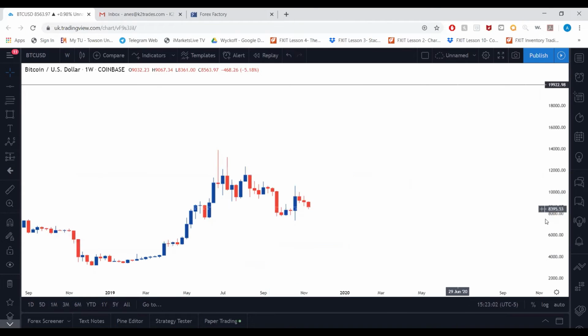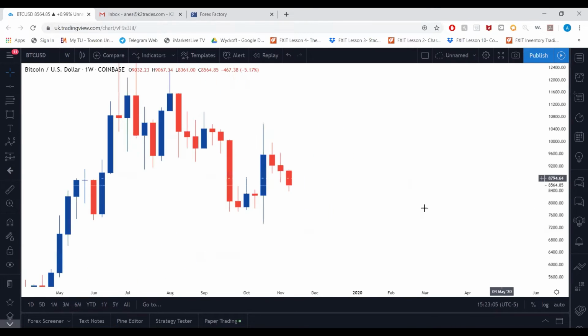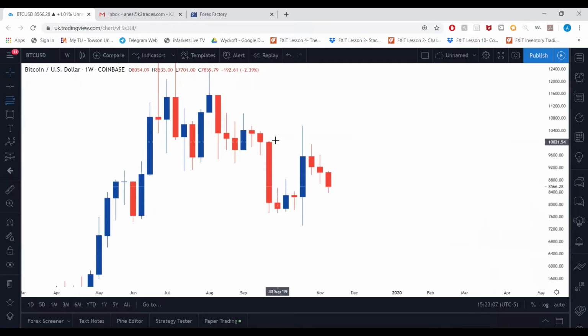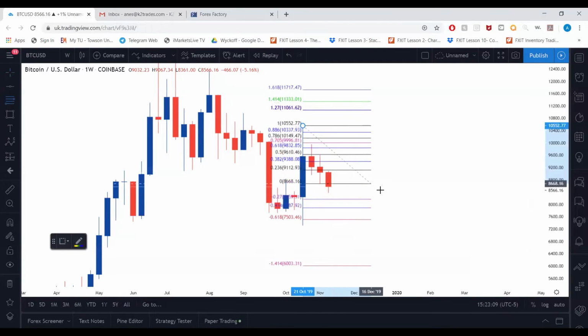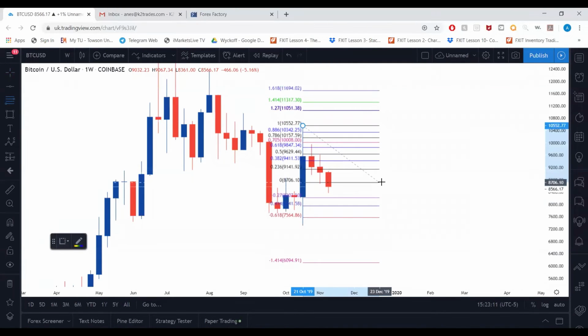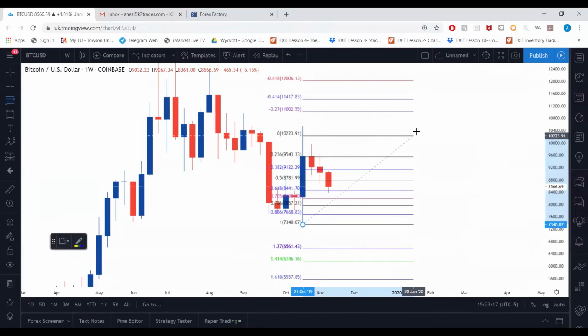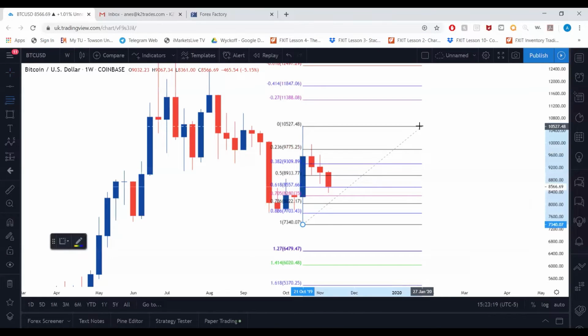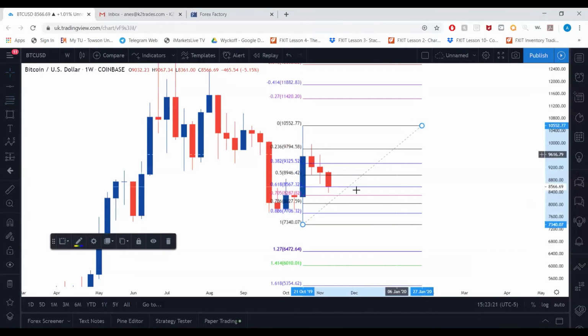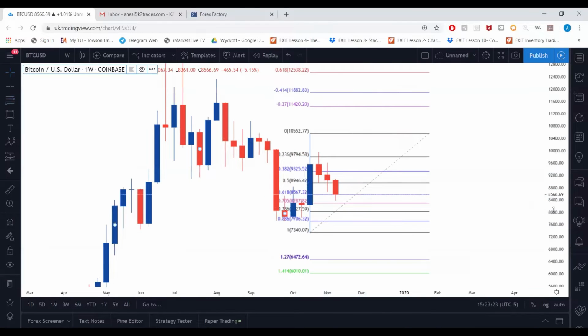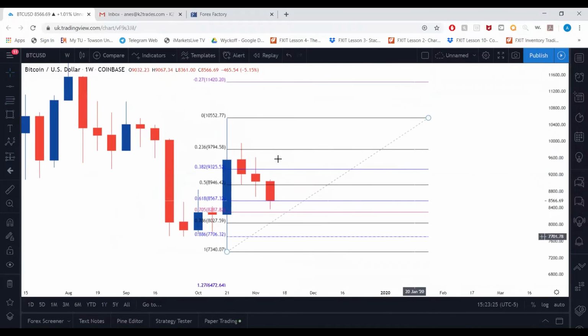Let me just clear it so I can put it closer, from the bottom. Yeah, because it did reject 61.8 too.